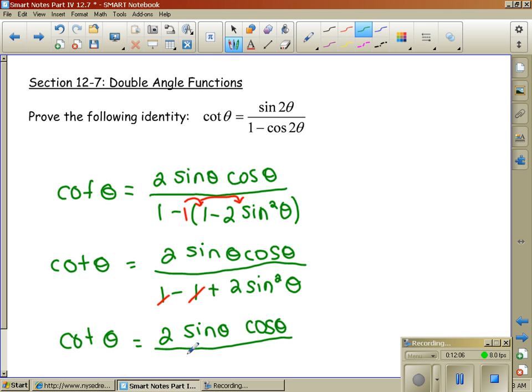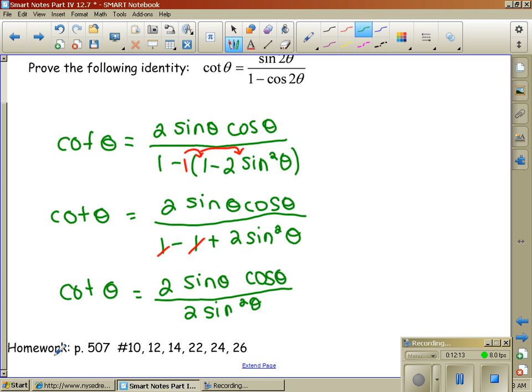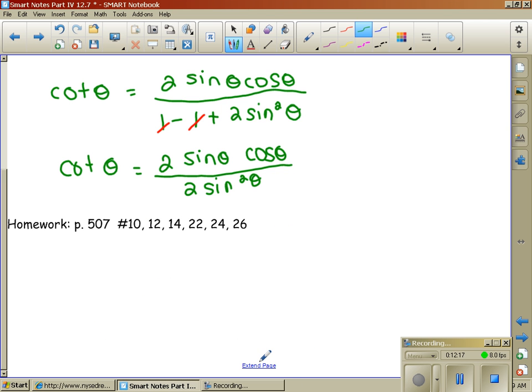over 2 sine squared theta. So what cancels now? Well, you should see the 2's cancel. And we have a sine divided by a sine squared, so think of that like x over x squared, right?